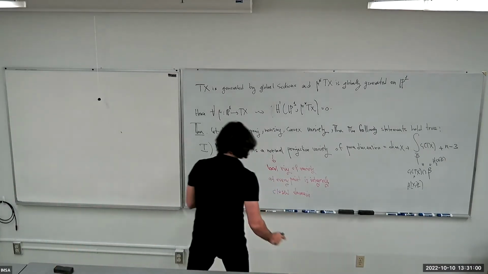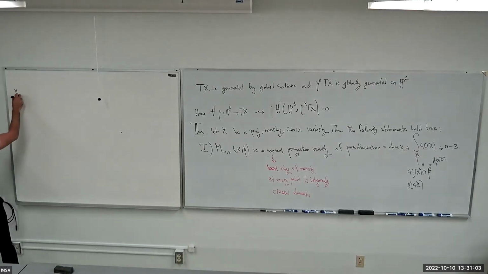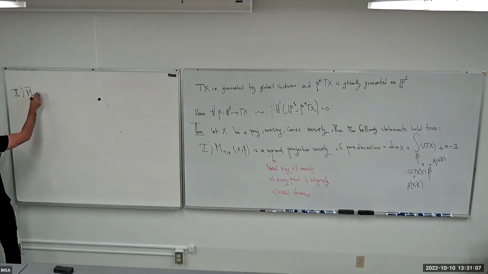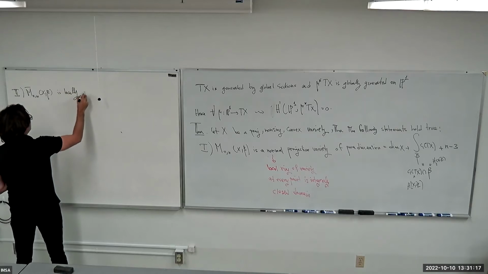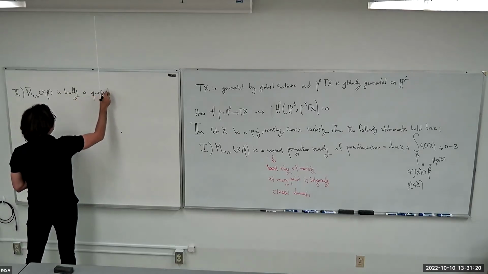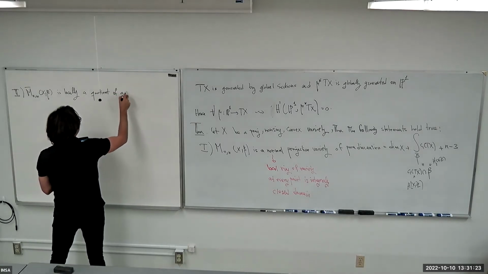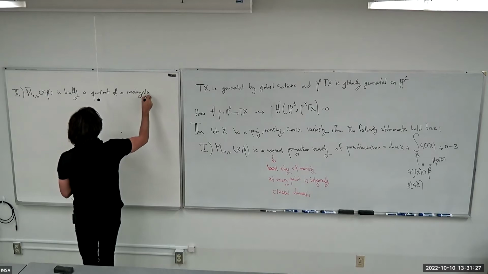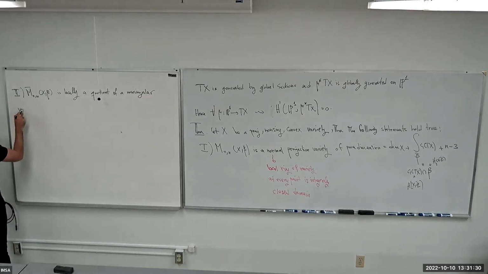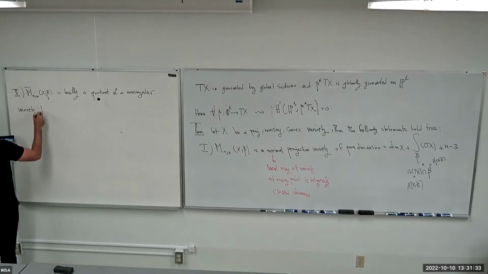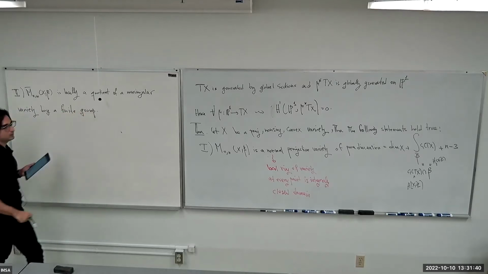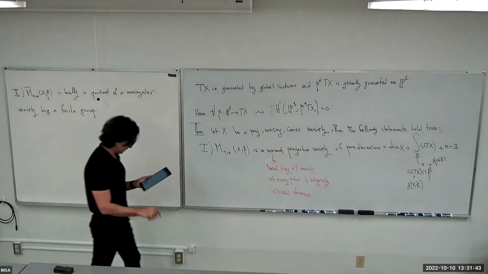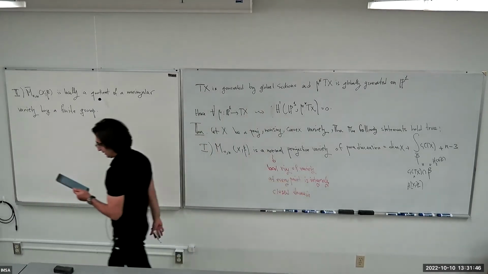So part 2 is that M bar 0n(X, beta), if X is convex, non-singular, projective, is locally a quotient of a non-singular variety by a finite group. Okay, so it has orbifold structure.